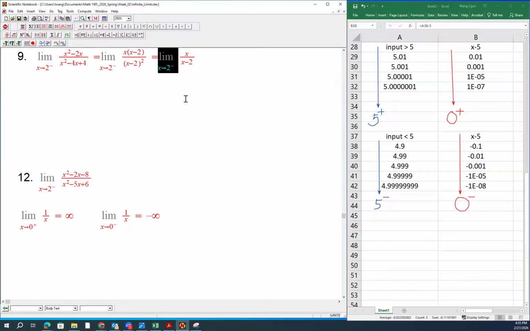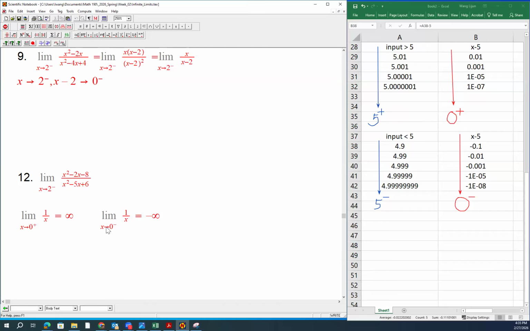So when x is approaching 2 from smaller than 2, x minus 2 is going to approach 0 from smaller than 0, isn't it? Right?